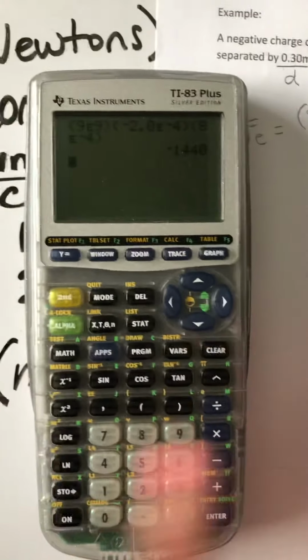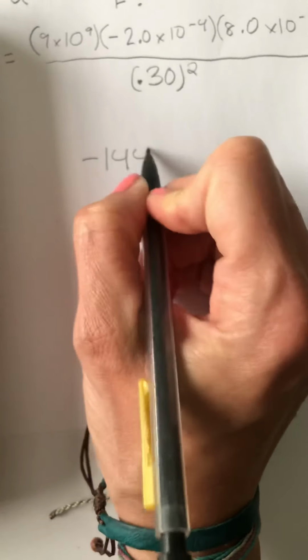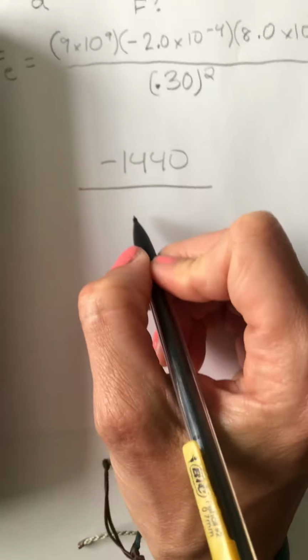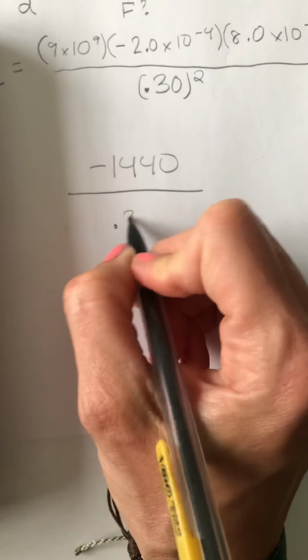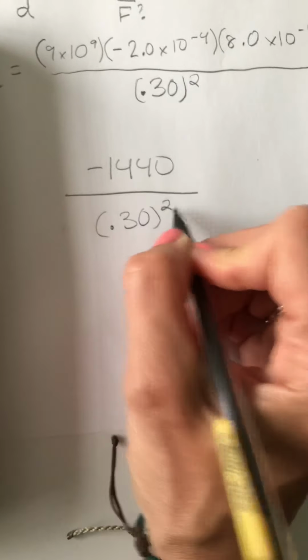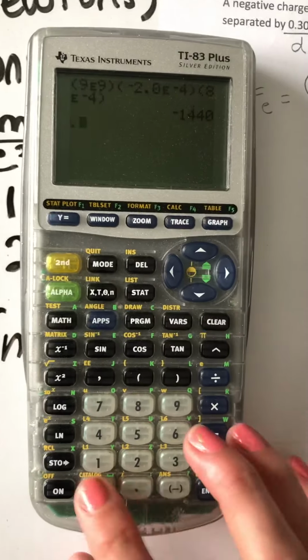I'm just going to do the top part first, and then I'll divide by the bottom. On the top, I get negative 1440, and now I'm going to do 0.30 squared.